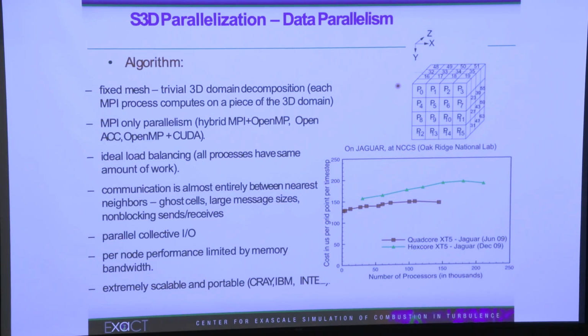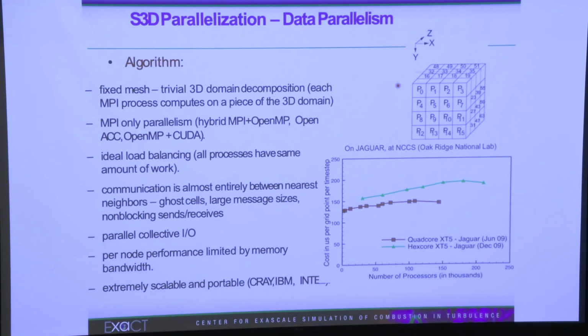And so the inter-process communication is only between the nearest neighbors in this three-dimensional topology. The messages for a typical problem are approximately 80 kilobytes. We have padded each domain with a ghost zone around it so that we can pass stencil information to construct convective and diffusive terms from the finite difference method.